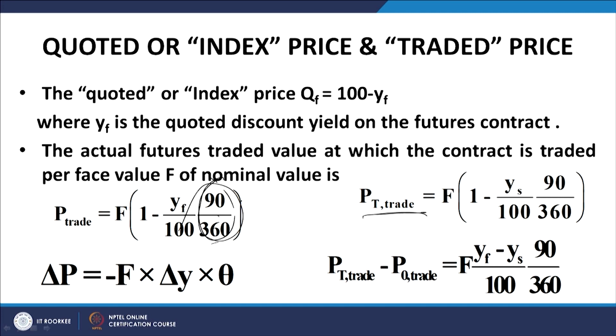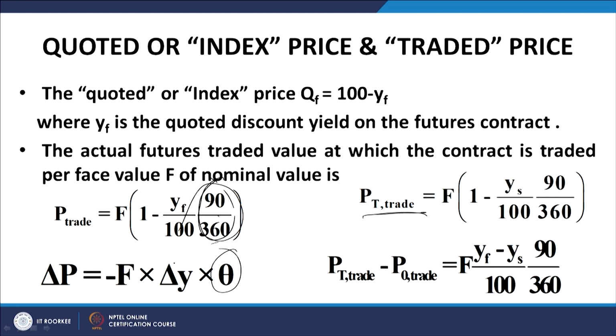If this quantity is 0, what does it mean? It means that the trade price will be independent of the yield over the life of the futures. If this theta is 0, that means delta p will be 0. That means the change in price over the life of the futures will be 0.